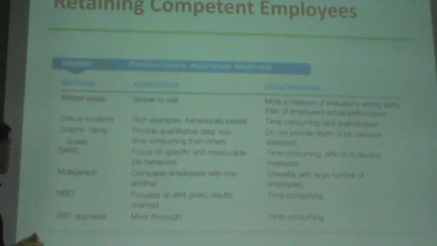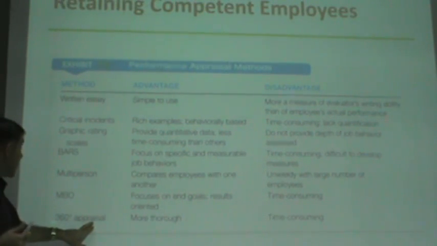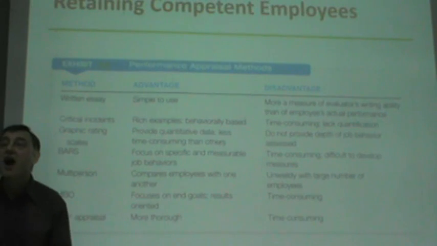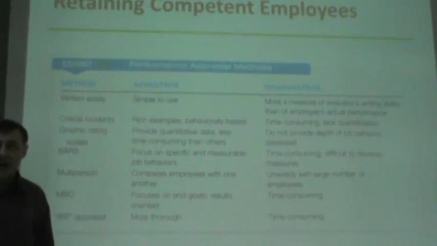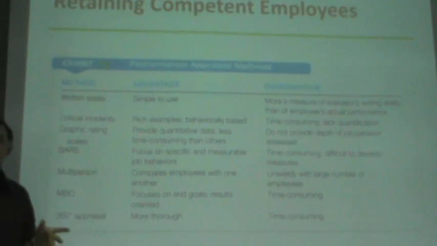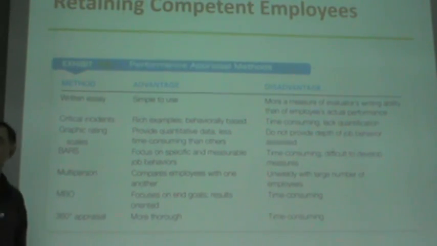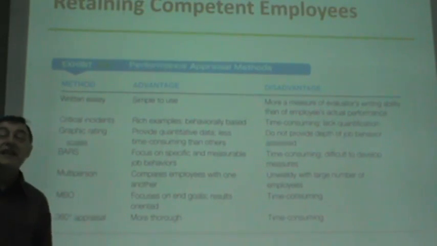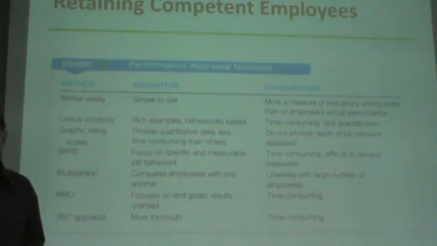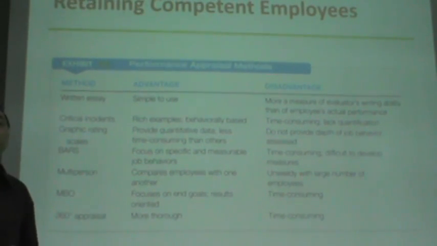You have also what's called the 360-degree appraisal. This is the most comprehensive. This is the most thorough. You investigate every part of the behavior of the employee. You investigate their attitude, their opinion, whether they're learning, whether they're training, whether they're improving.